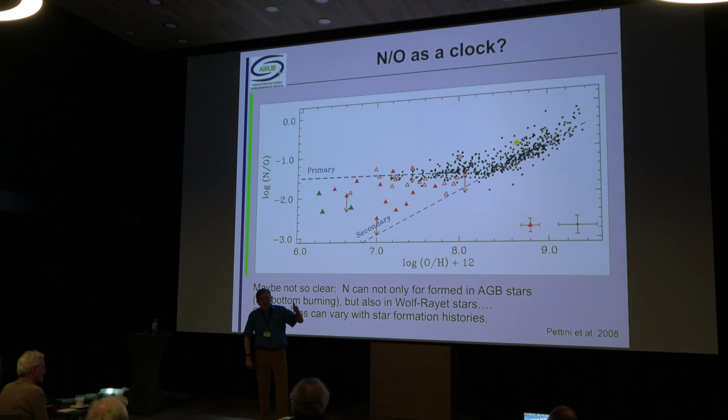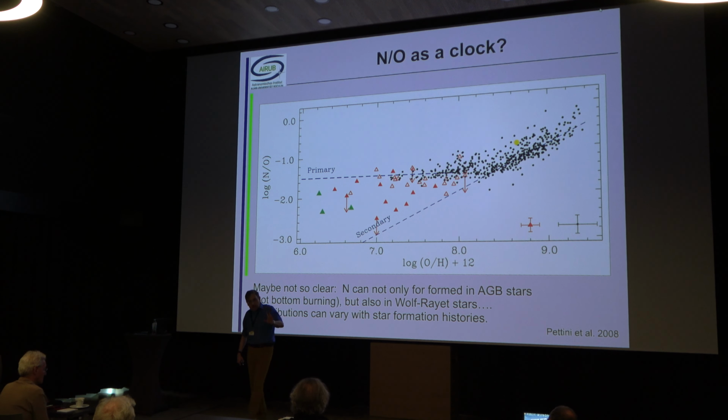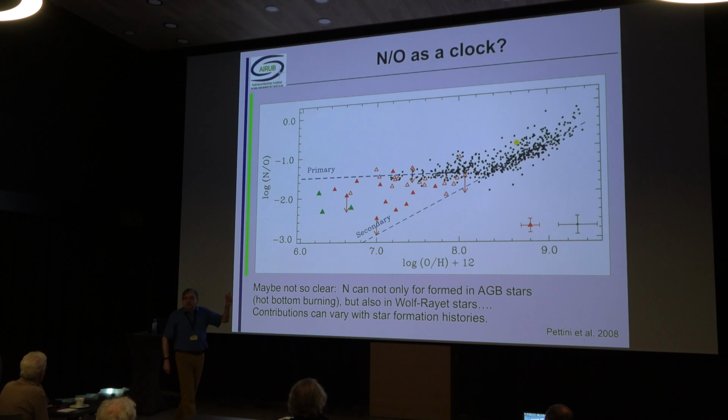Oxygen is produced in massive stars only, and in supernova explosions, type 2, type 1b, 1c, so massive stars, core-collapse supernovae. Nitrogen can be produced in two ways, either in Wolf-Rayet stars, that would be that which is correlated with the oxygen abundance, and in the second way, in intermediate mass stars.